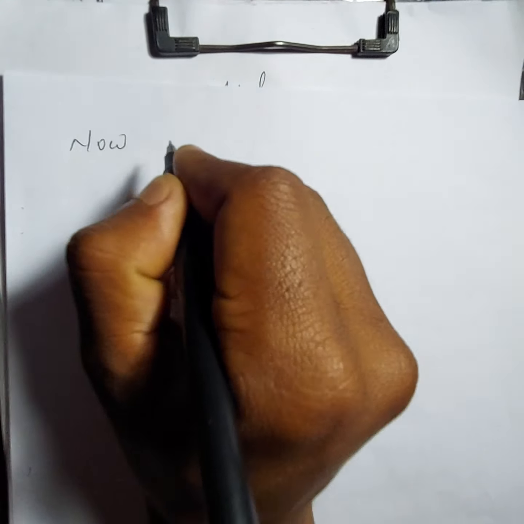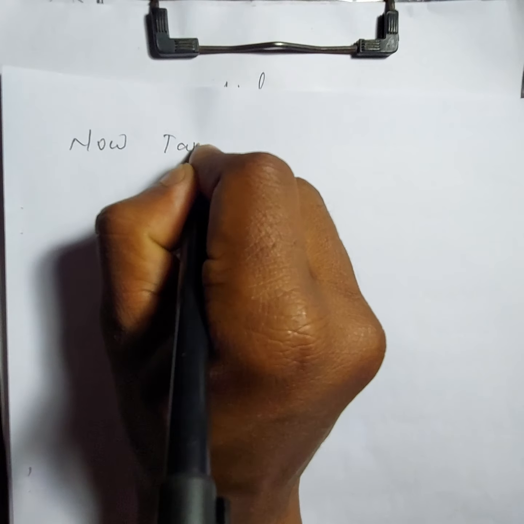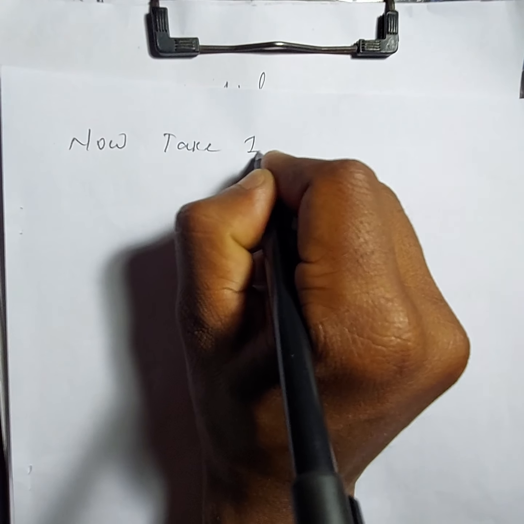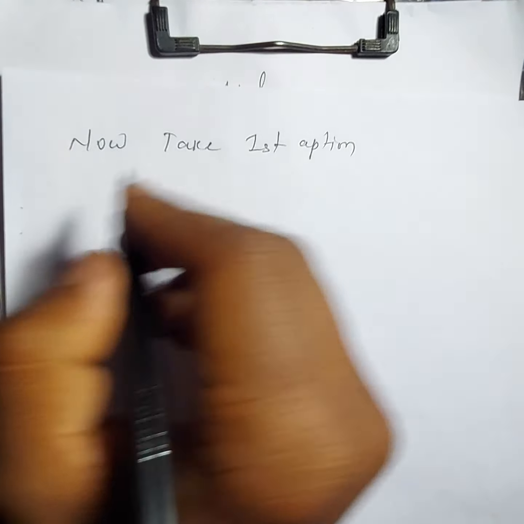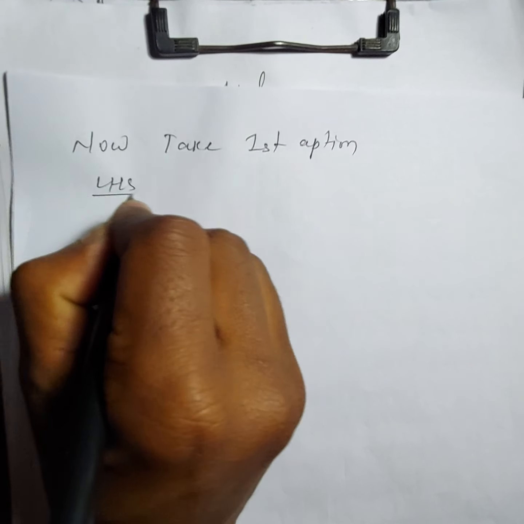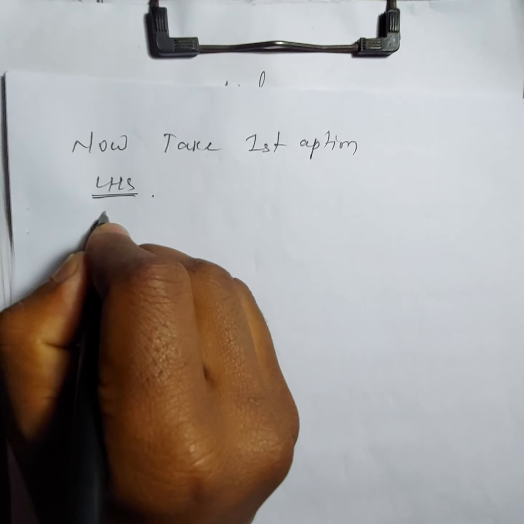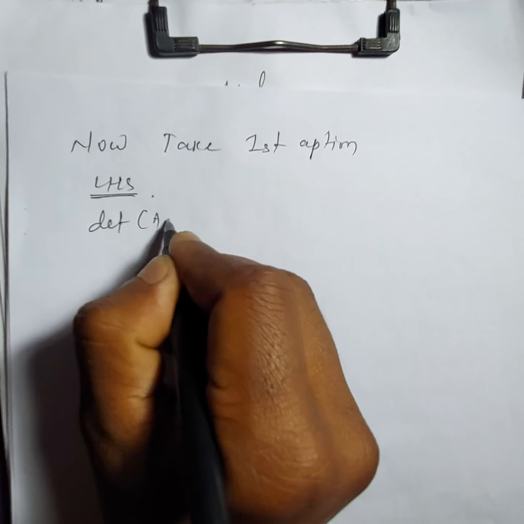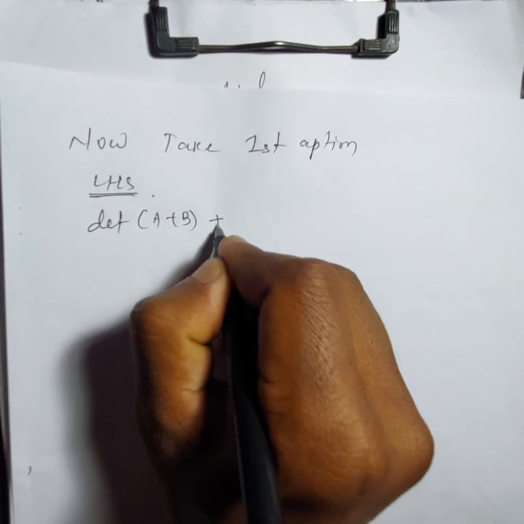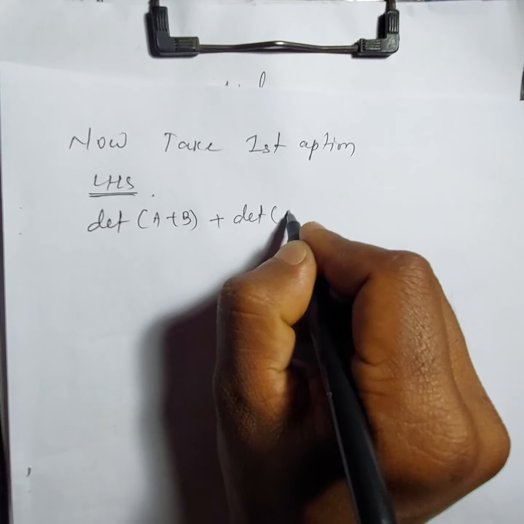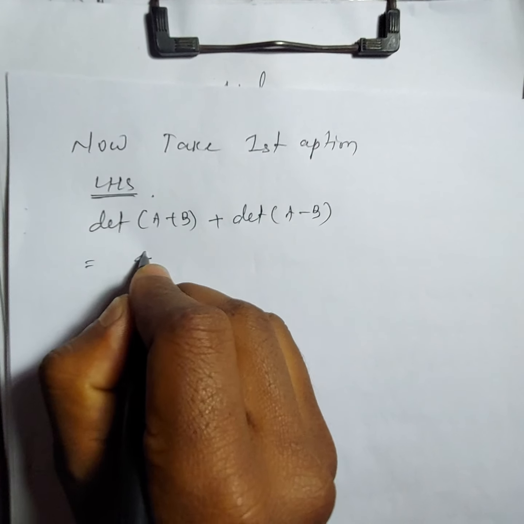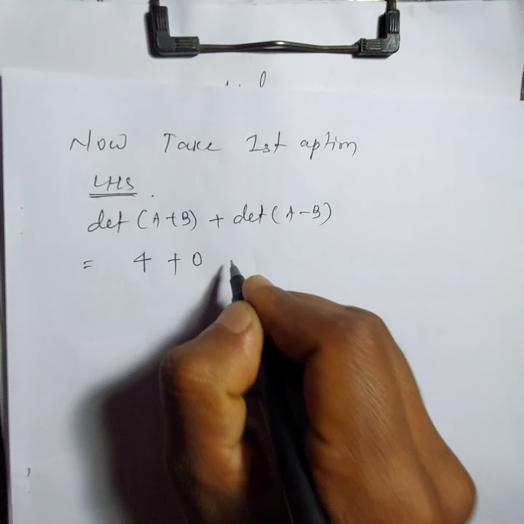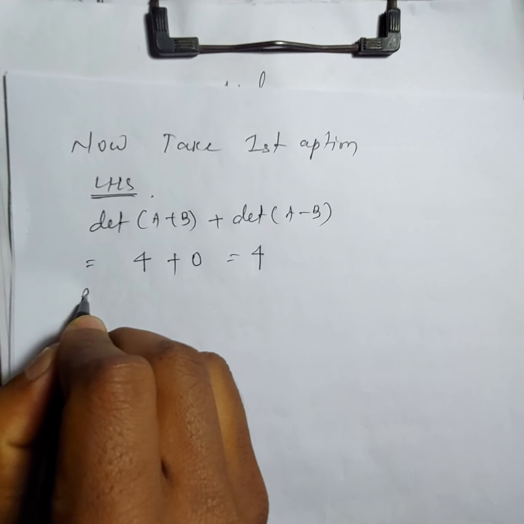Now take first option. LHS: determinant of A plus B plus determinant of A minus B is equal to 4 plus 0 is equal to 4.